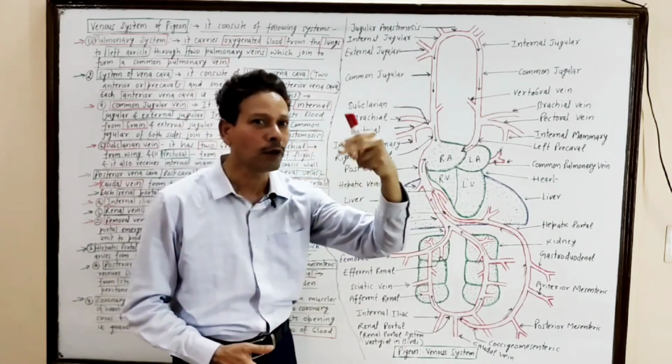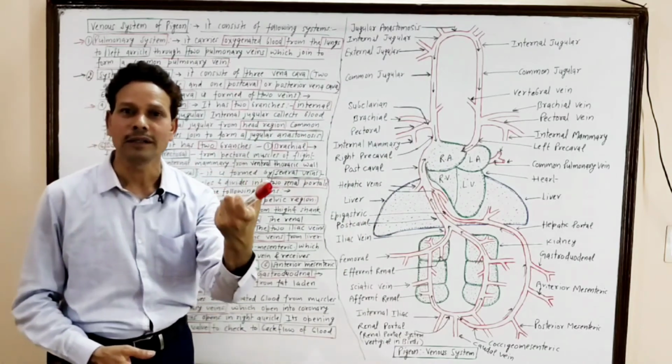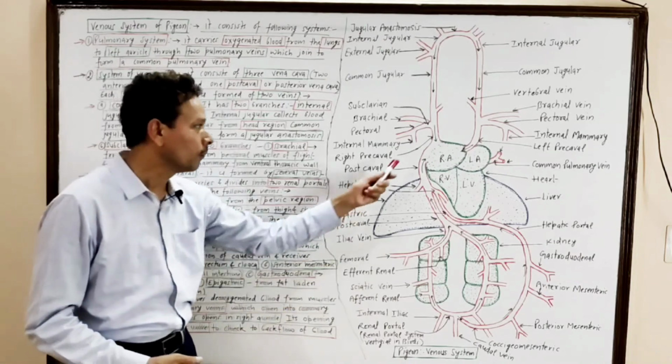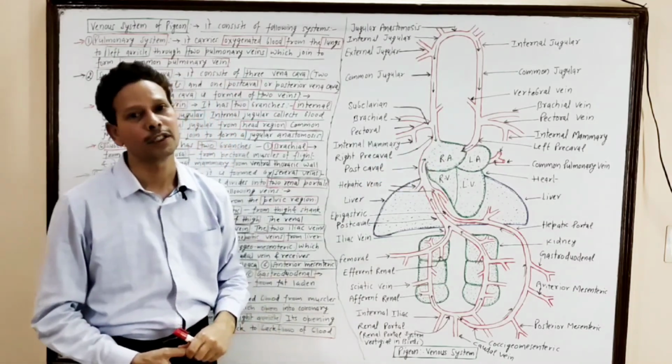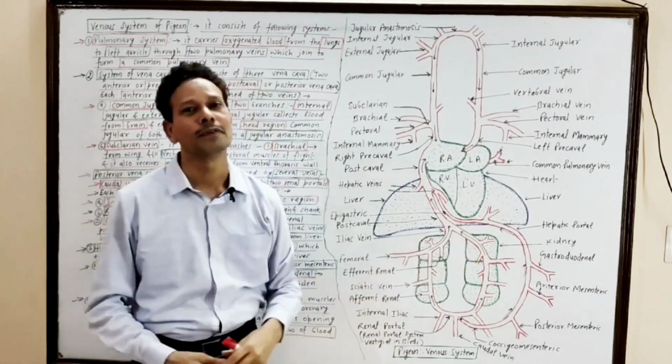The opening of the coronary sinus is guarded by a valve, the Thebesian valve, and that valve prevents backflow of blood. Dear students, this is all about the venous system of pigeon.